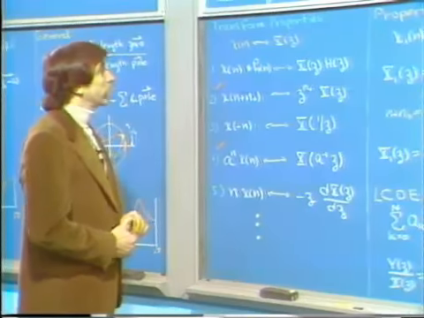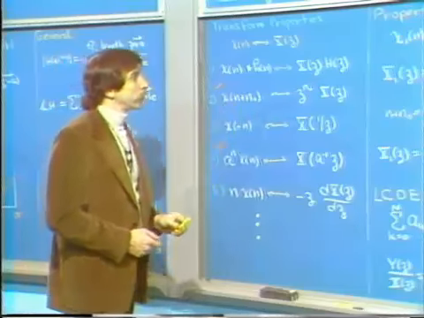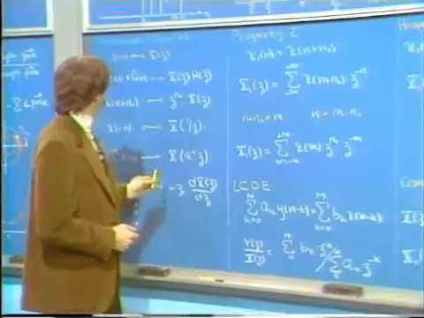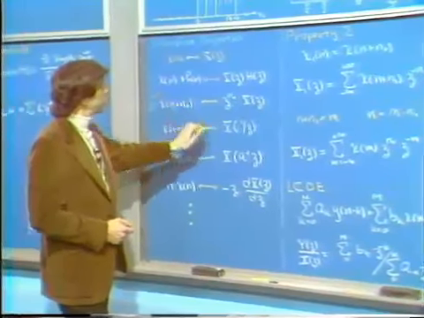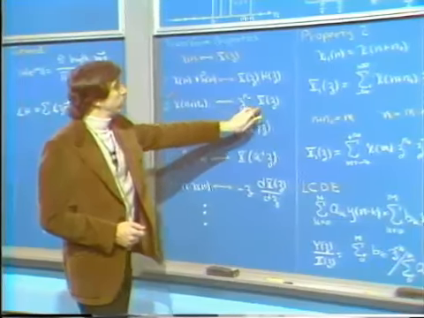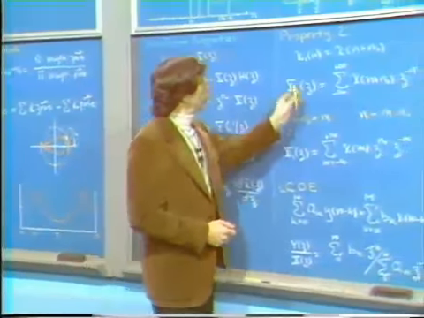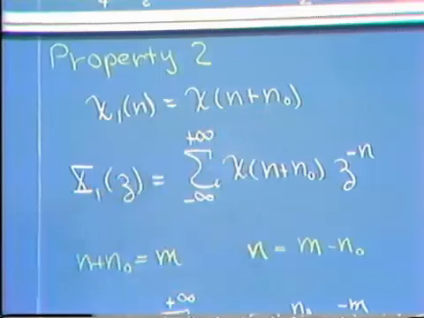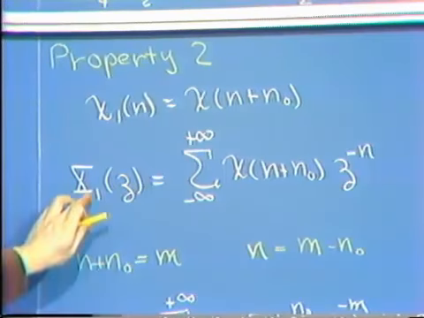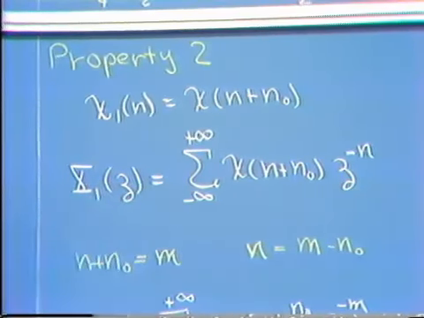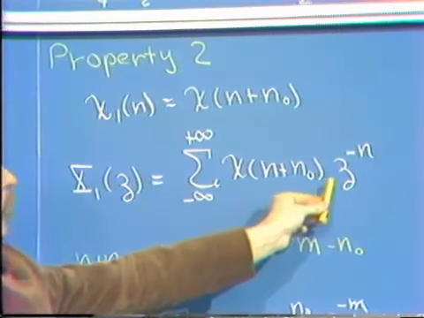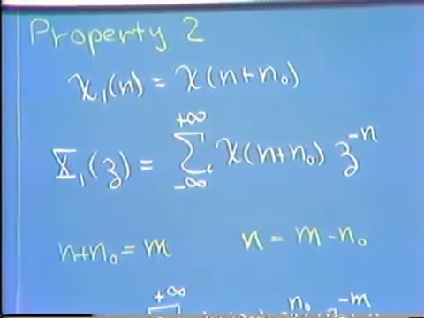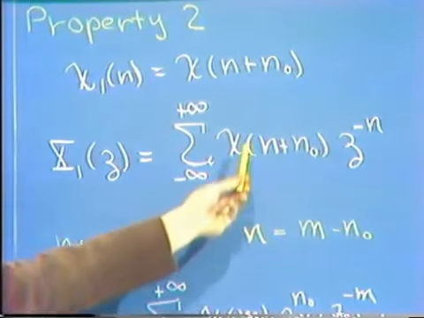All right, let's take a look at property 2, that is the shifting property. To prove that replacing n by n plus n0 results in z to the n0 times X of z, we want to consider a sequence x1 of n equal to x of n plus n0, so that its z transform, X1 of z, is the sum of x of n plus n0 times z to the minus n. Well, the simple idea here is a substitution of variables.